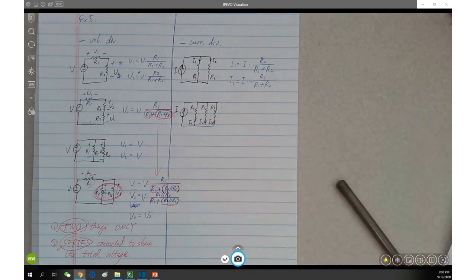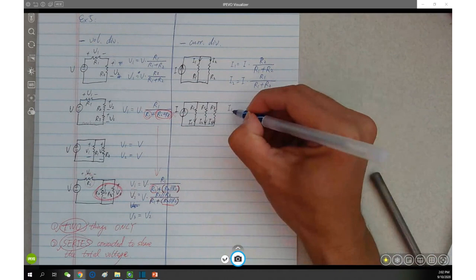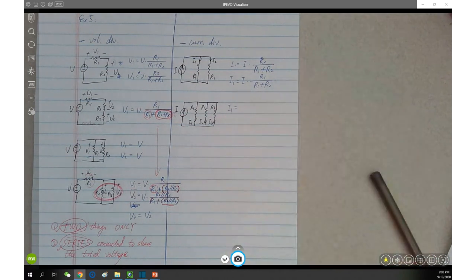You have three resistors in parallel. So now what is I1? I'll give you one or two minutes to write this down yourself. What is I1 now?